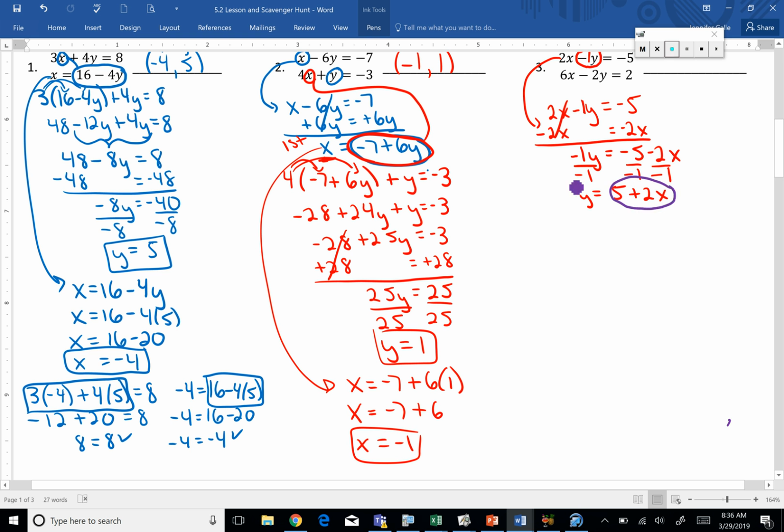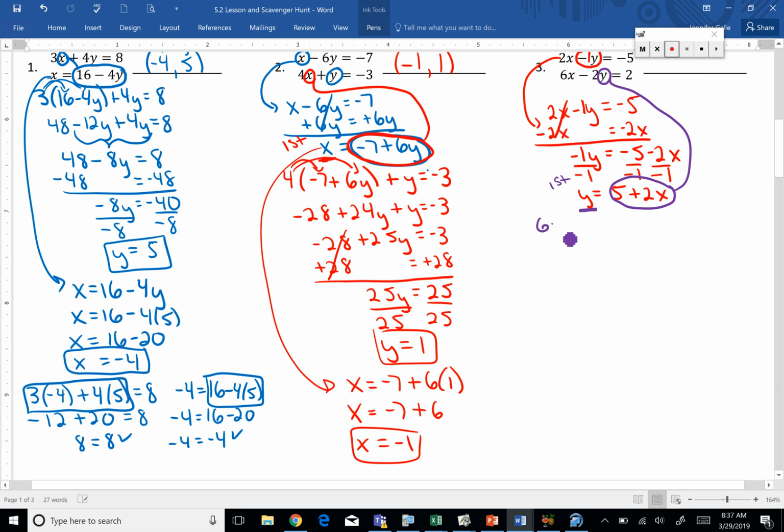Make our blob. This is our first equation. So the blob has to go into the second equation, and I have to pay attention that it goes in for y. The last 2 examples, we did x. Now we have to make sure we're paying attention. It's not x this time. It's going in for y.